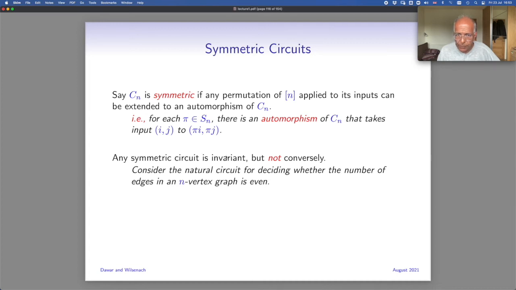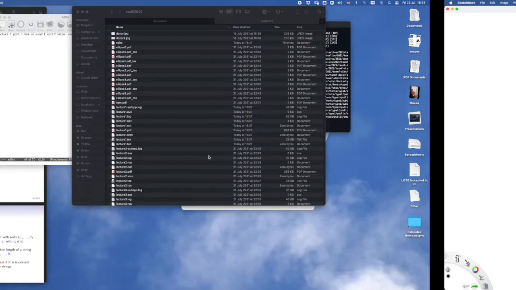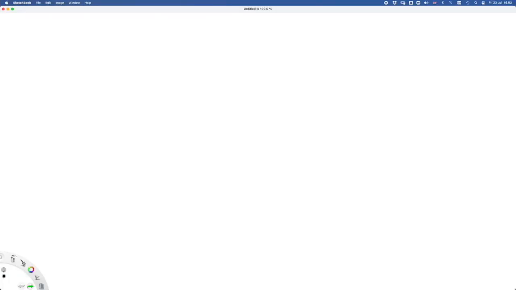Let me draw this. Say we want to decide whether the number of edges in an n-vertex graph is even. Here's one way of doing it.